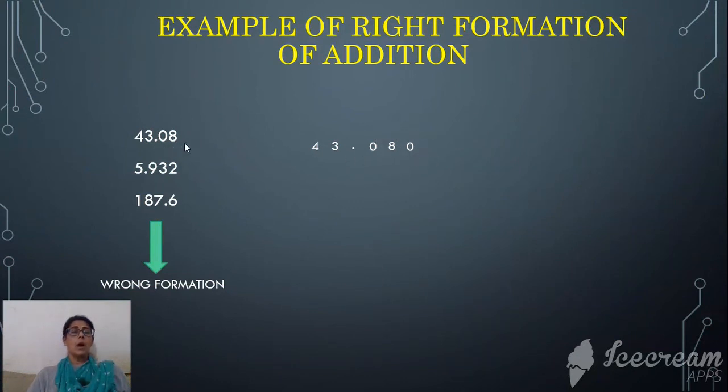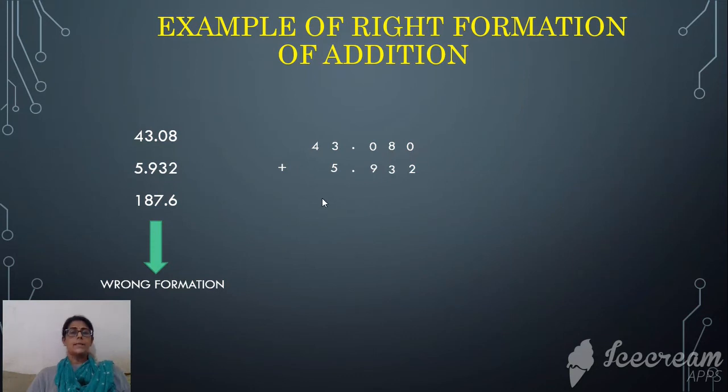Because here there are only 2 decimal places and here there are 3 decimal places. So we have to write 3 decimal places here. So we need to place the extra 0. Understand? Now 5.932. So we have to write each number just below the other.